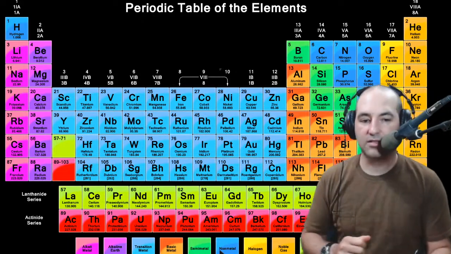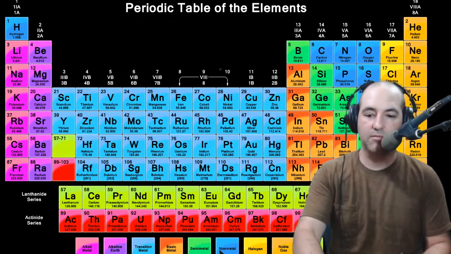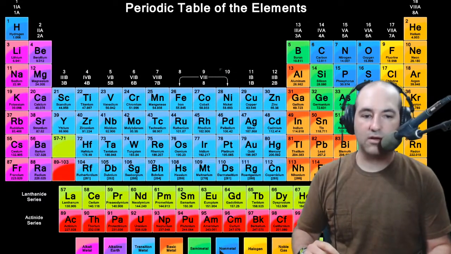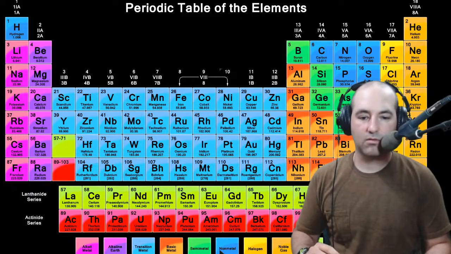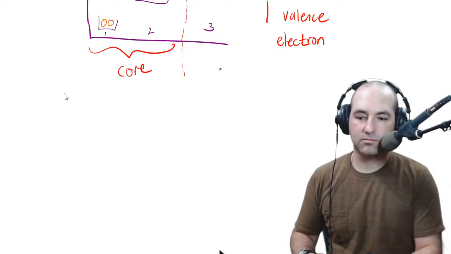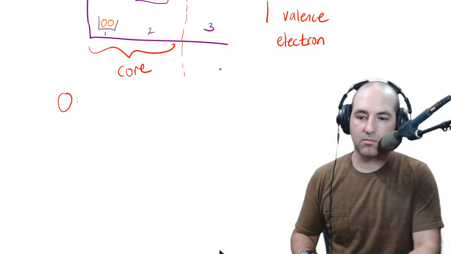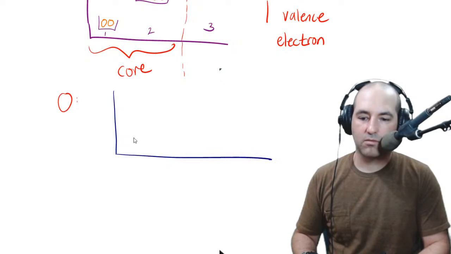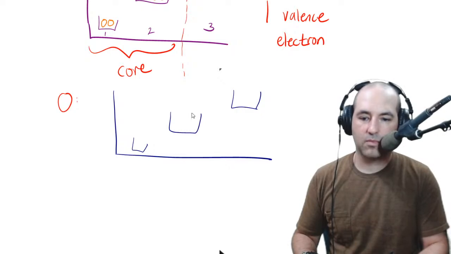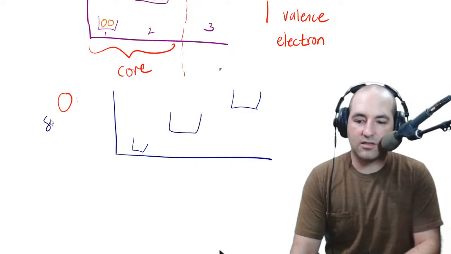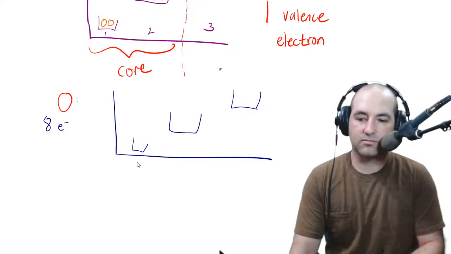So how about the nonmetals? Yes, the nonmetals can work the same way. Let's try a nonmetal. Let's do oxygen. Oxygen is element number 8, so it has 8 total electrons.